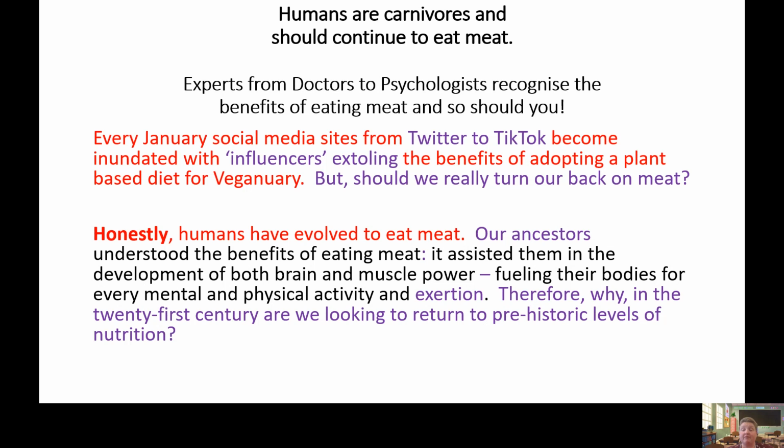In terms of vocabulary, we've got inundated, we've got extolling, we've got adopting, and we've got influencers. So what we can see is that this student is making a conscious choice when it comes to their vocabulary. Finally, their introduction ends with a rhetorical question. So this is also showing us that this student can use that persuasive method.